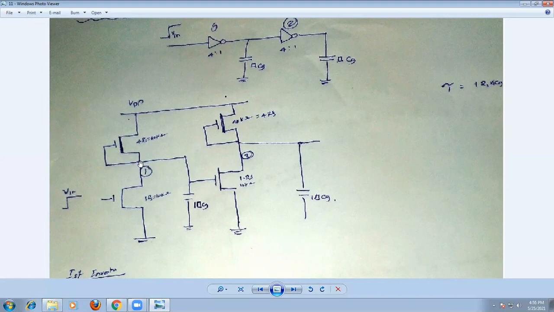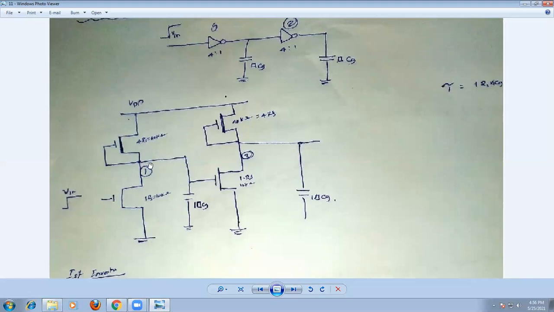Now the output of the first inverter drives the input of the second inverter.